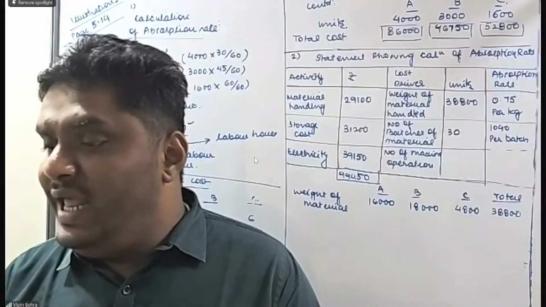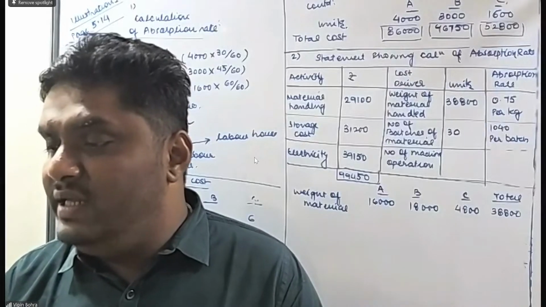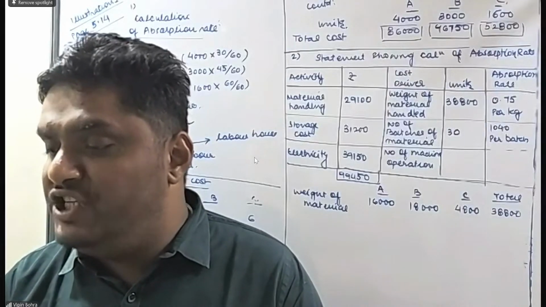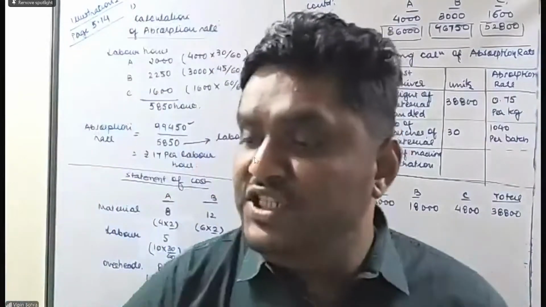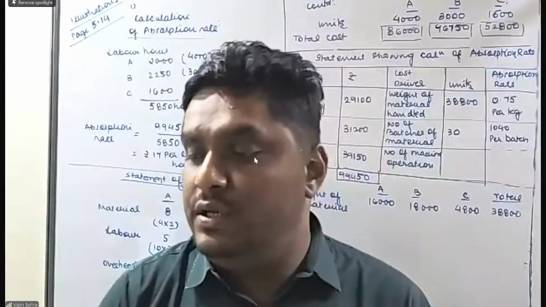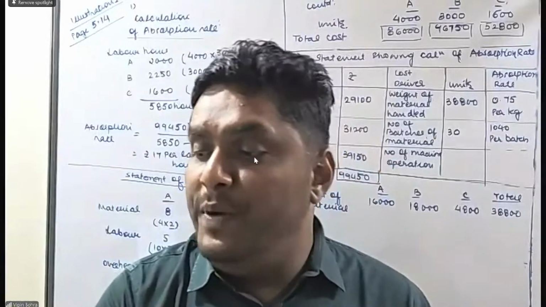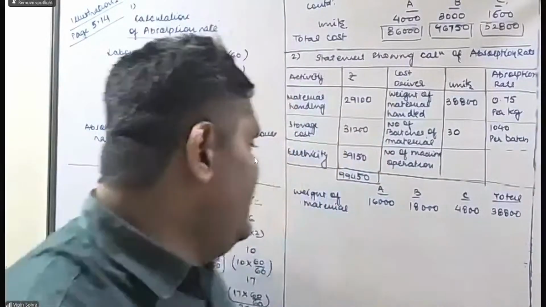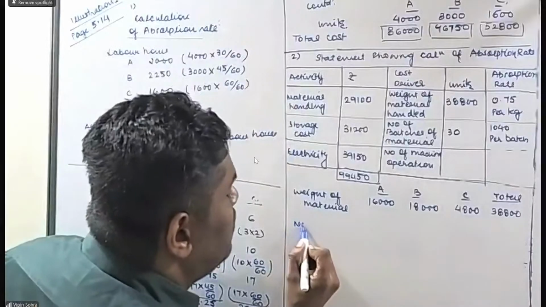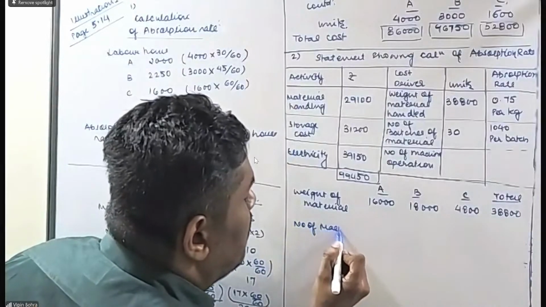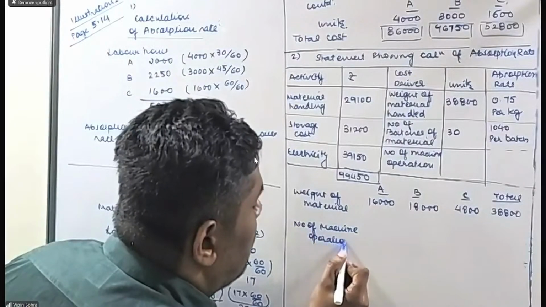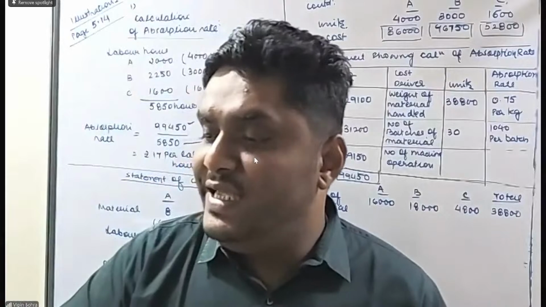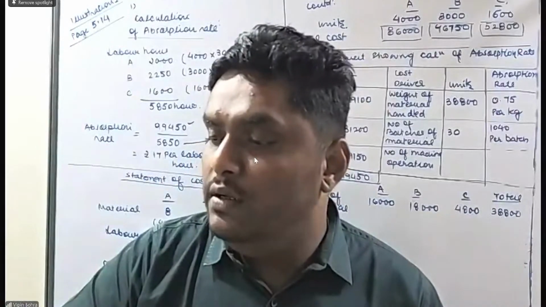Further, the next activity is electricity, wherein it is dependent upon the number of machine operations. The number of machine operations is given per unit of production. So we will calculate the total number of machine operations. It is 6, 3, and 2 for every unit.